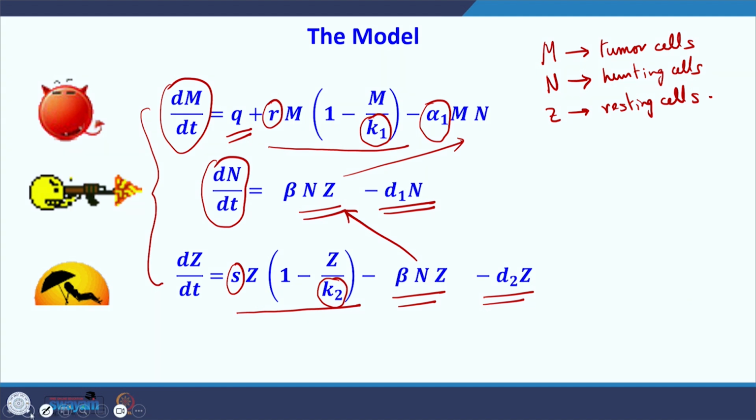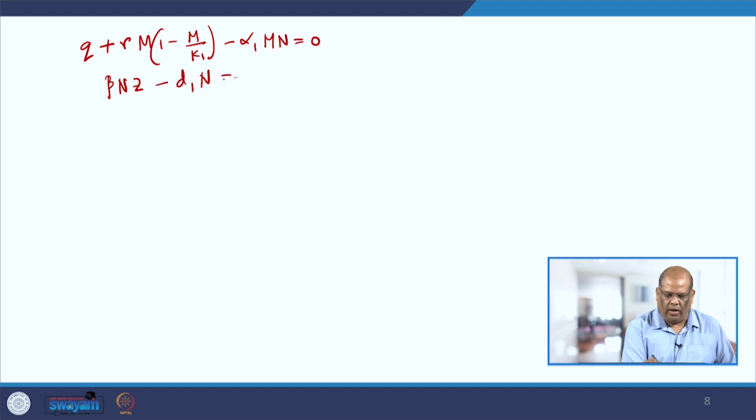To find the equilibrium solution, we have to put Q plus R M1 minus M by K1 minus alpha 1 Mn equal to 0, beta n z minus d1 n equal to 0, and Sz 1 minus z by K1 minus beta nz minus d2z equal to 0.